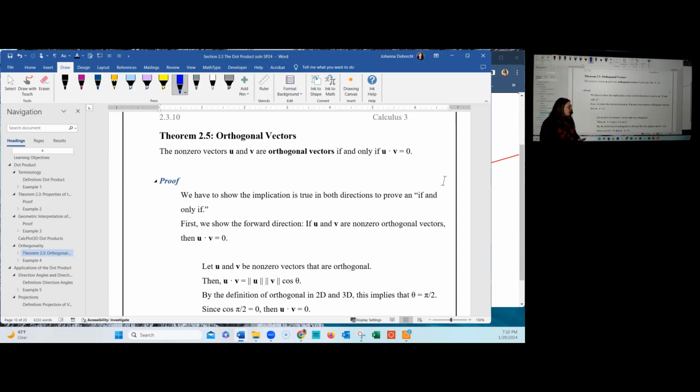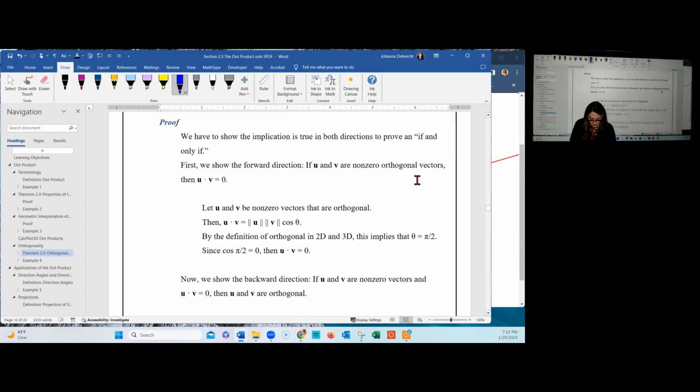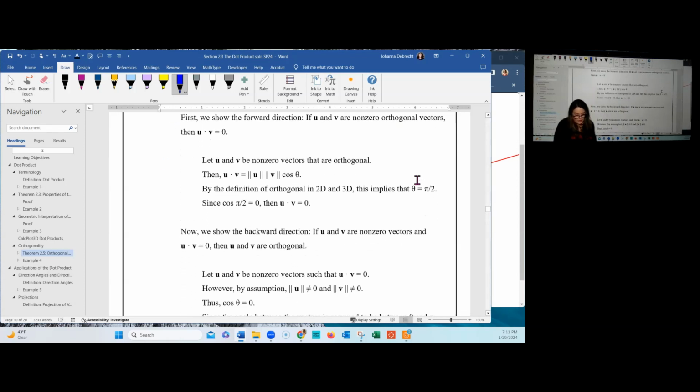But if the cosine of the angle is 0 and the angle is between 0 and pi, the only angle between 0 and pi that has a cosine of 0 is pi over 2. And in 2D and 3D, that means they're perpendicular, which means they're orthogonal. So we've just proved that they are, in fact, perpendicular and that the dot product is u dot v.